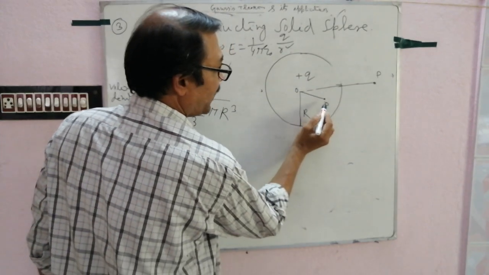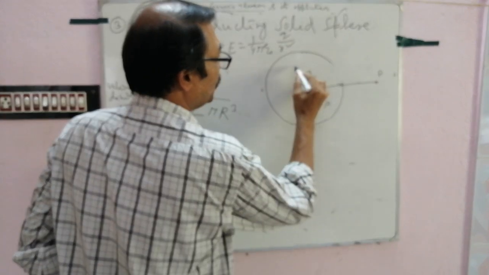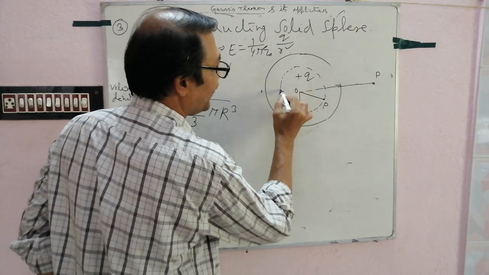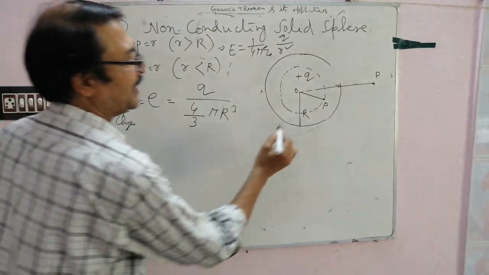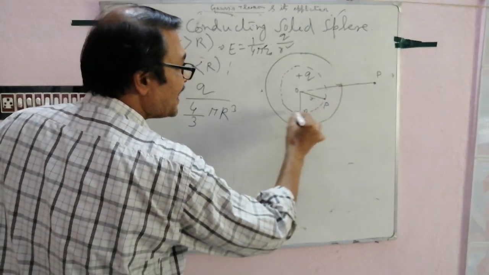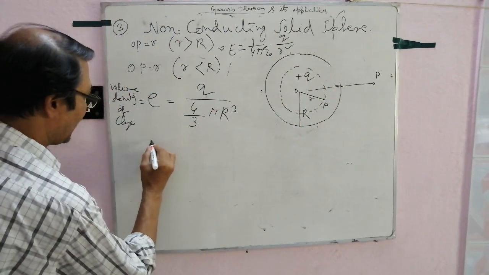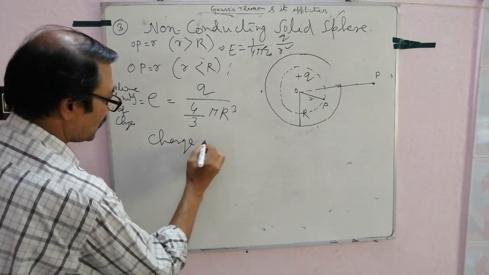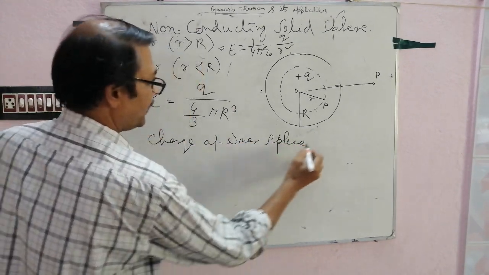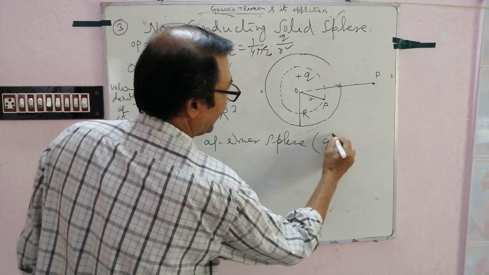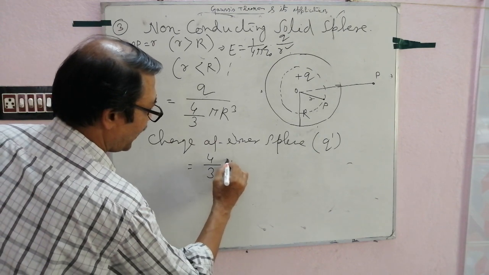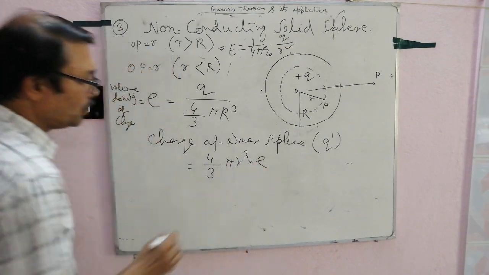So we have to find out the electric field at P. Now we consider a Gaussian surface taking O as the center and OP as the radius, that is this is the r. So the charge of the inner sphere of radius r, suppose Q dash, equals 4/3 pi r cube into rho, the charge in unit volume.